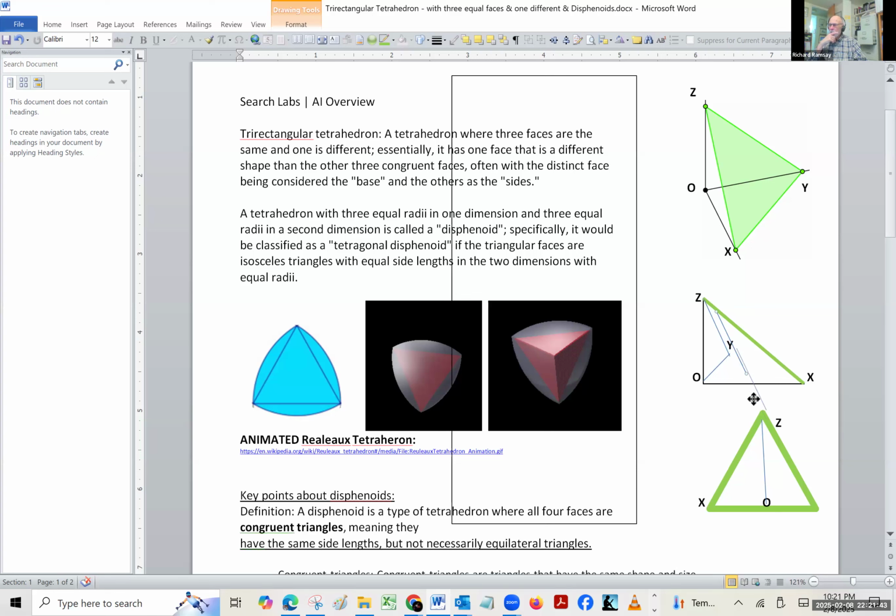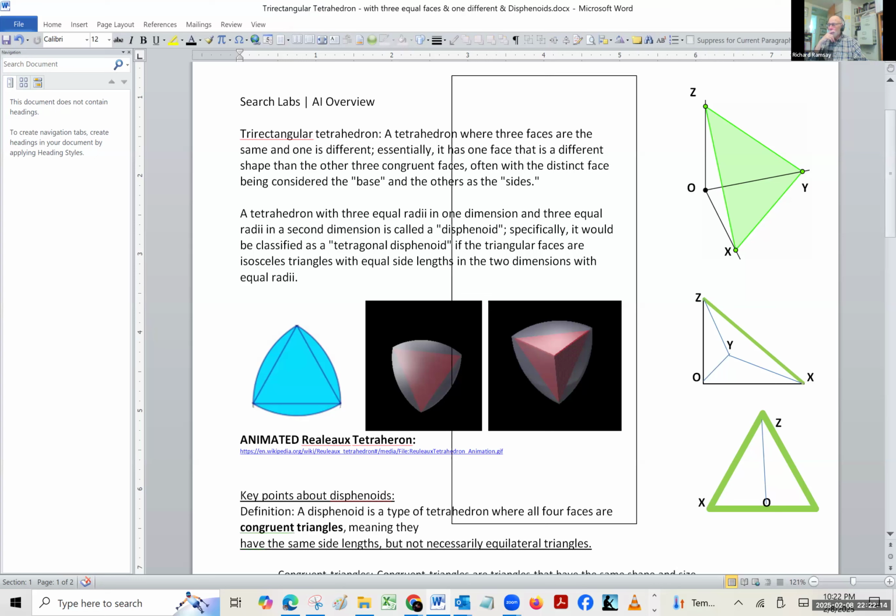Copy and paste, and then I stretch it to whatever length it needs to be. So that kind of is a representation. What a neat way to be able to get from that OZX sort of rectangular triangle, then factor in the W or the Y and connect the lines.